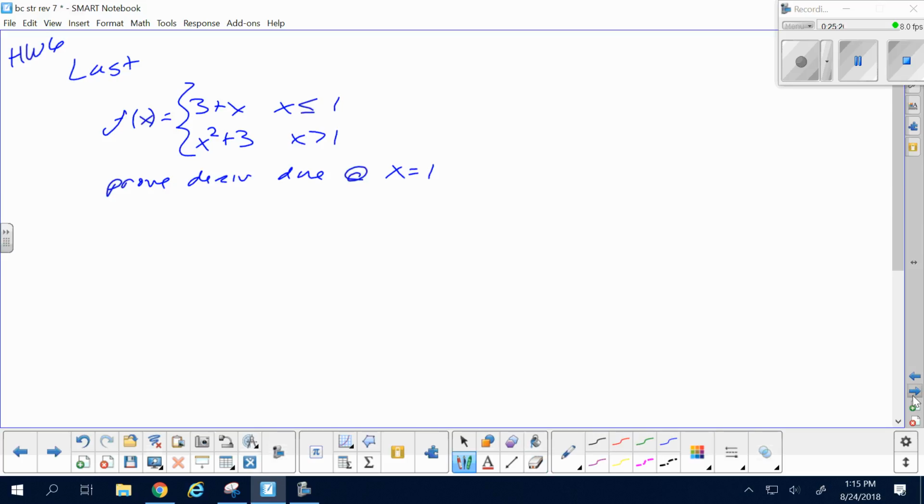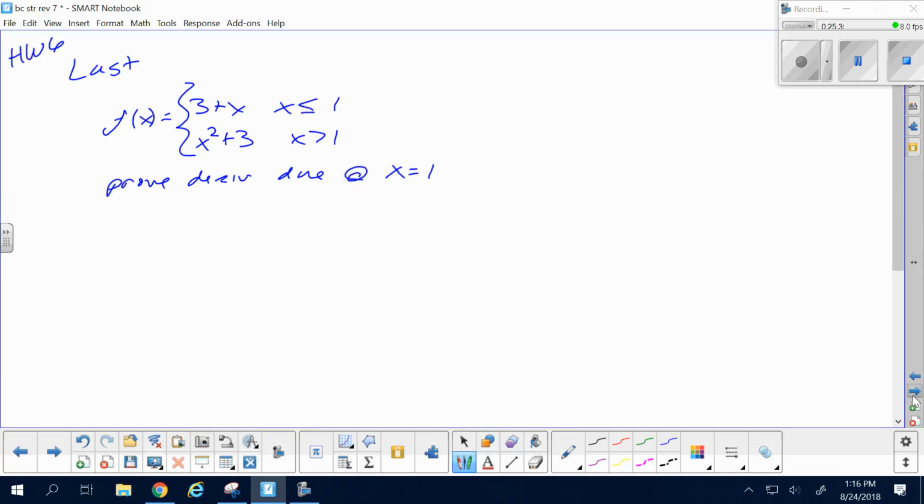So, the question is, do you want to use the alternate definition at 1 or the first definition at 1? Either one is fine, but you have to be working specifically at what's going on at 1. I think from experience, most people find the alternate easiest to use. You with me? Okay.